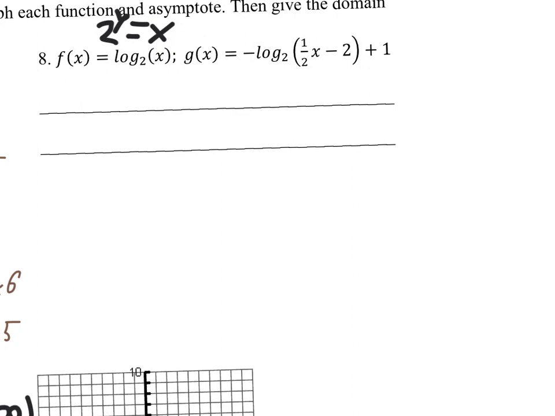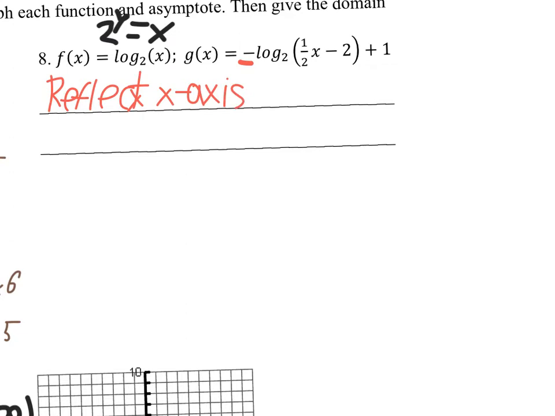So, looking at our g of x, let's talk about what's happening. First up, we've got this minus sign out front. That minus sign out front indicates that we have a reflection over the x axis.